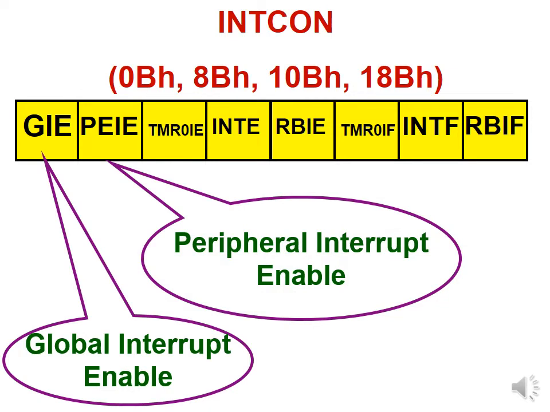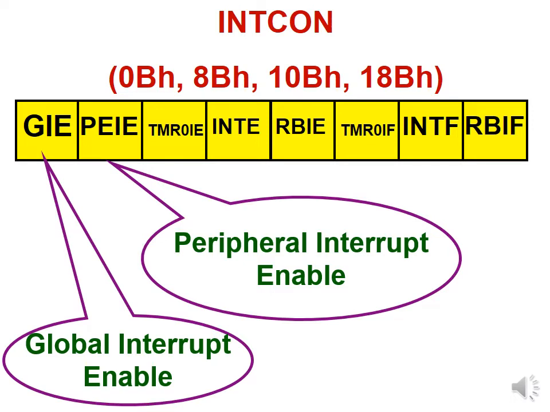The PEIE bit is an interrupt enable bit that enables or disables all interrupts that are associated with peripherals on the microcontroller. So this means if we make that bit a 0, the PIC will not respond to any of the peripheral interrupts.